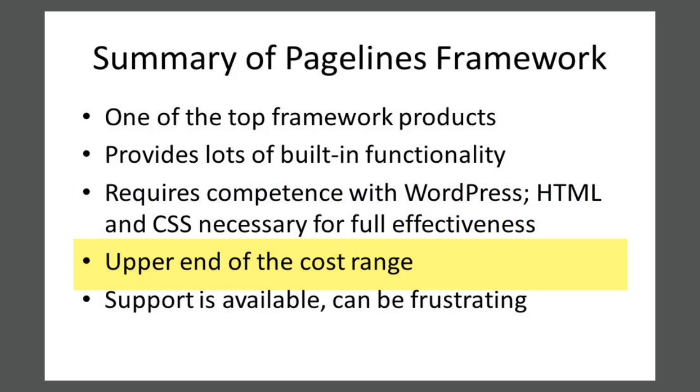Pagelines isn't cheap, starting at a minimum cost of about $140, but in terms of getting what you pay for, it's probably fair value. And there is full-time support that's available via the online forum and the online documentation. The bottom line for me is that I've chosen to continue using it for 2 years and haven't really felt compelled to consider any other frameworks.